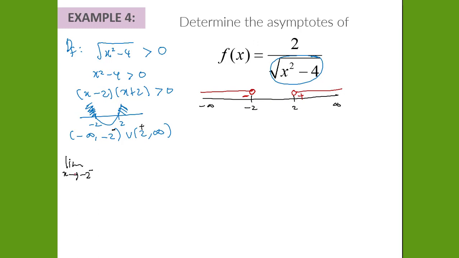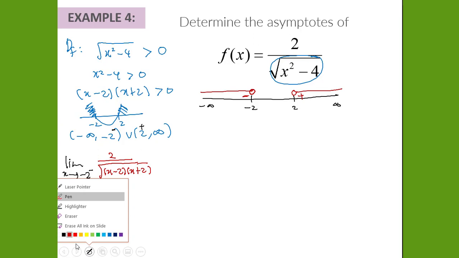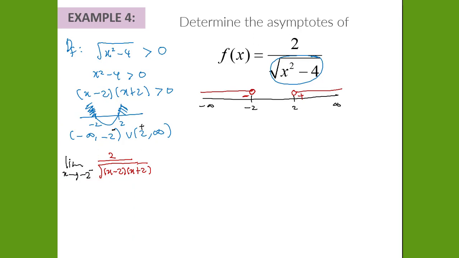So the limit as x approaches negative 2 from the left: the function is 2 over the square root of x minus 2 times x plus 2. Factorize, and then substitute negative 2 into the square root of negative 2 minus 2 times negative 2 from the left plus 2.